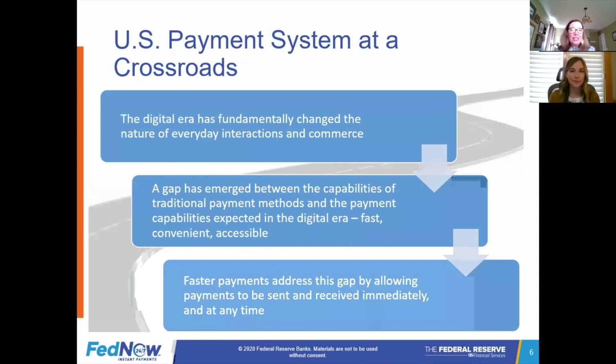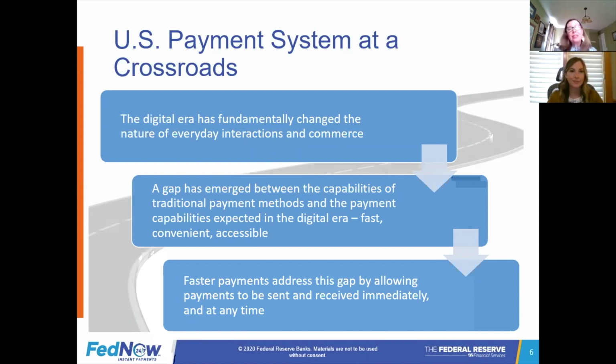More than 10 years ago, the Fed saw that the payment system was at a critical juncture in its evolution. If you think back, there was lots of innovation going on with technology, right? We had high-speed data networks, ever more sophisticated mobile devices that we're able to do so much on, as well as a general change in the nature of commerce. Lots more online shopping and changing end user expectations.